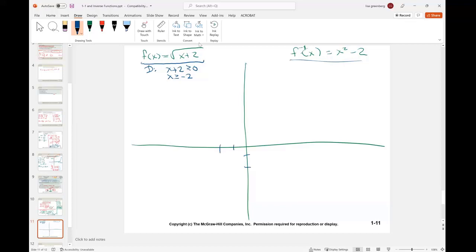So we start here at -2, and basically, let me put some lines in so I can get it a little bit cleaner. 5, 6, 7, 8, 9. Okay, so when I plug in, it starts here at 0. I can take the square root of 4, so let me make x equal to 2.